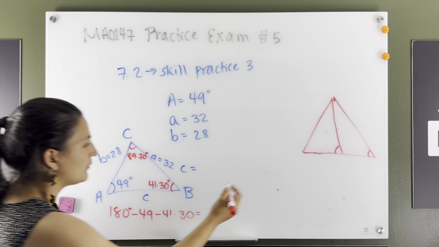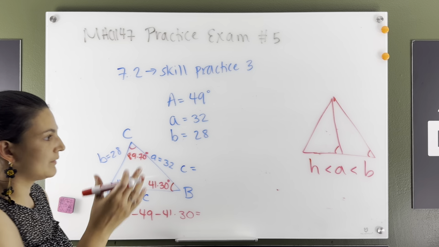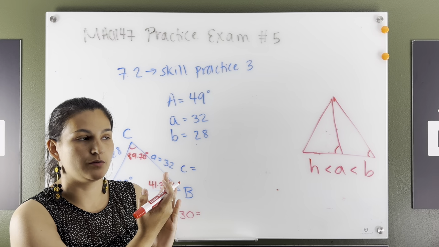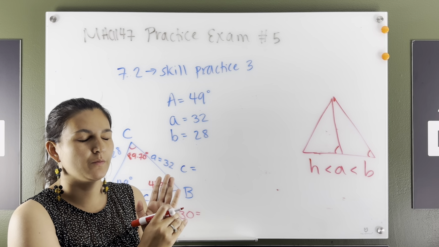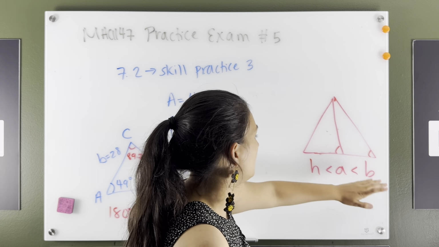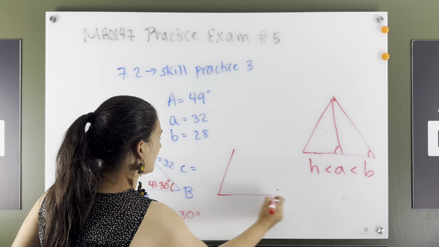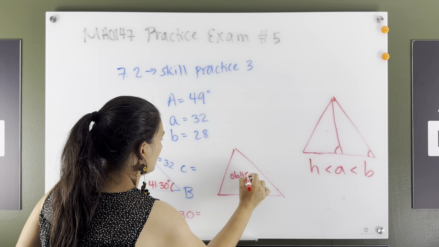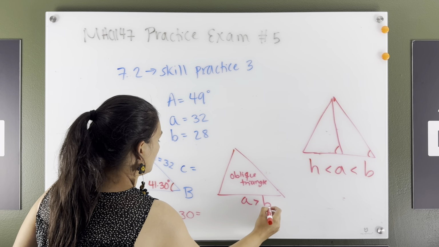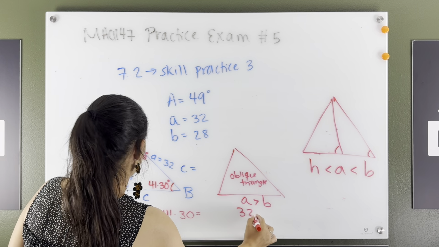So remember for this one, it's like this. The height of a right triangle, because you can always create a 90-degree triangle within the triangle in order to find height. We don't really do it often, but for two triangles, side A is supposed to be greater than the height, and B is greater than A. For the oblique triangle, as A is greater than B. And as you can see here, 32 is greater than 28.